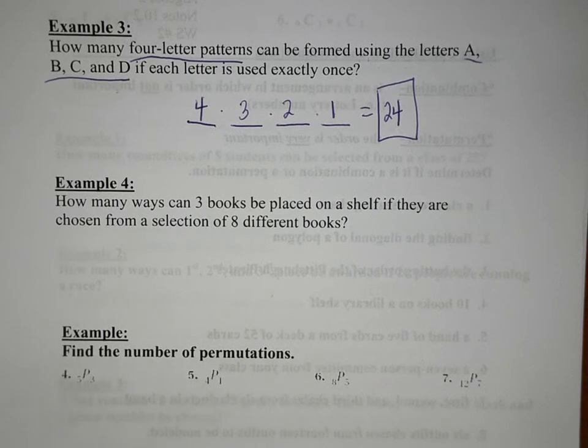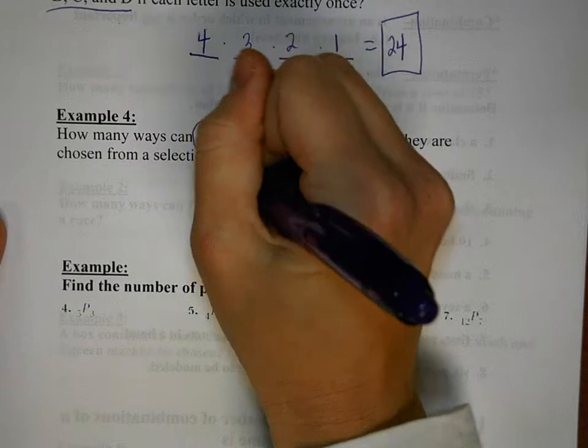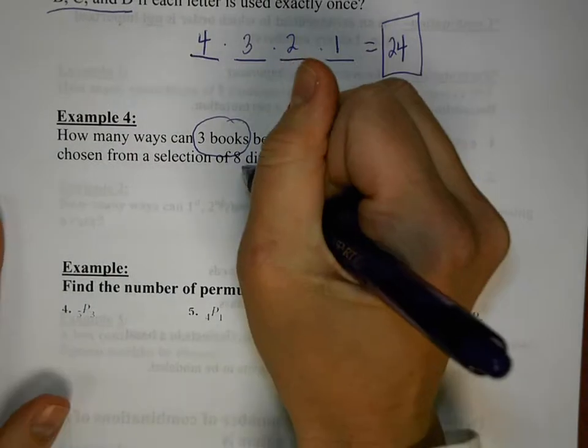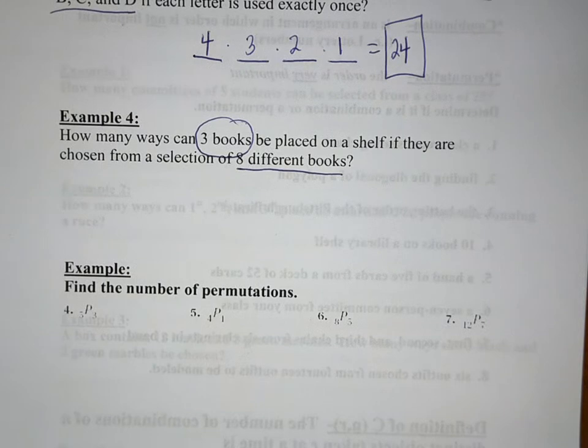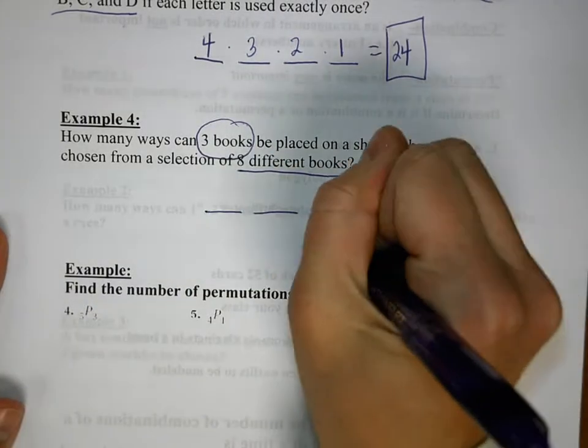Example 4. It says, how many ways can 3 books be placed on a shelf if they are chosen from a selection of 8 different books? So how many blanks am I going to have? How many books are we choosing? We're choosing 3. So I'm going to make 3 blanks.